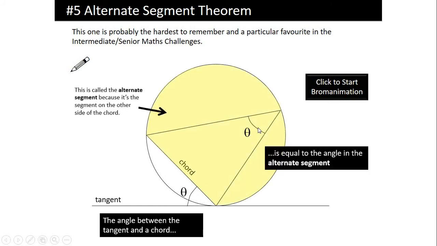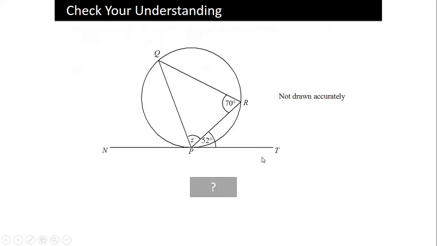So if we then create a triangle, here's the chord, the orange here is the alternate segment, and it's the angle within the triangle that is in that alternate segment that is equal to it. So this angle here is equal to this one. Similarly, this angle here would be equal to this one, as that would be in the opposite segment to this part here.